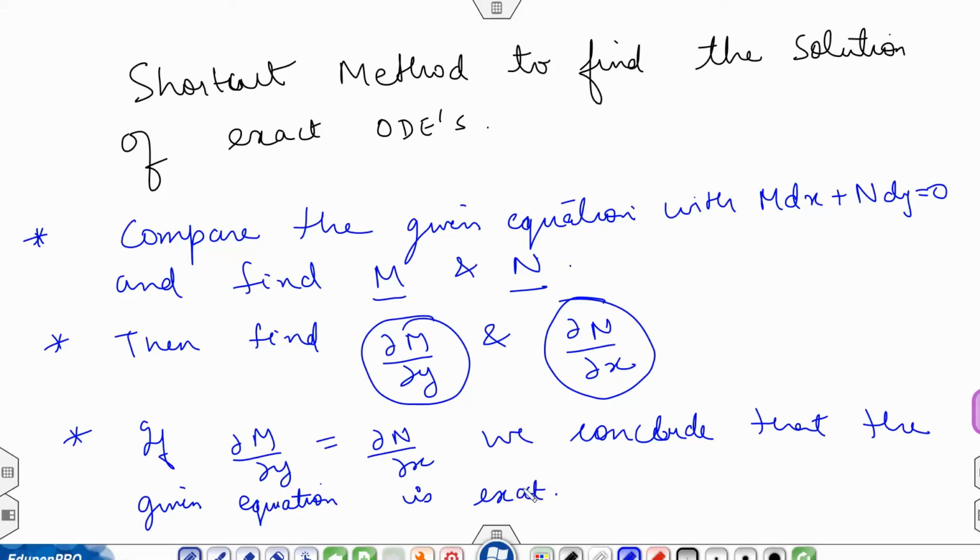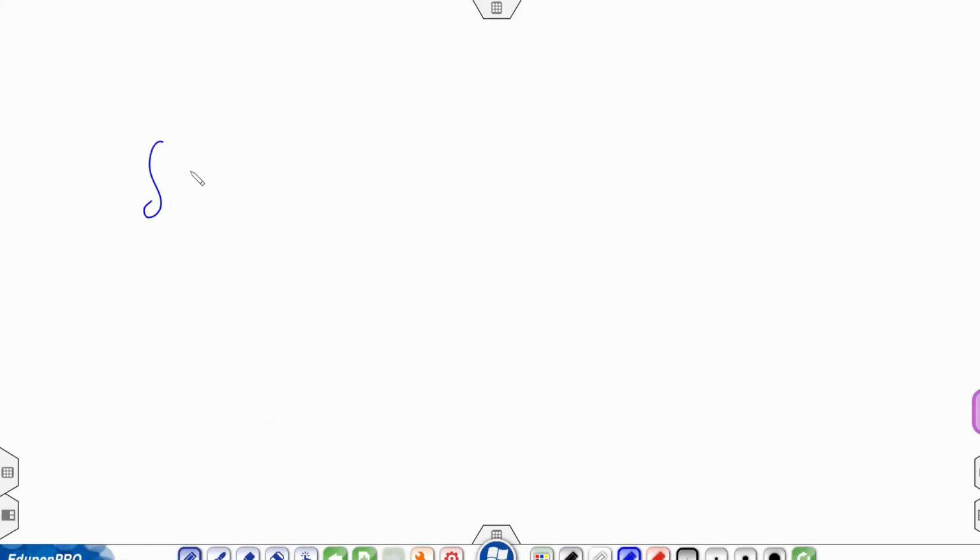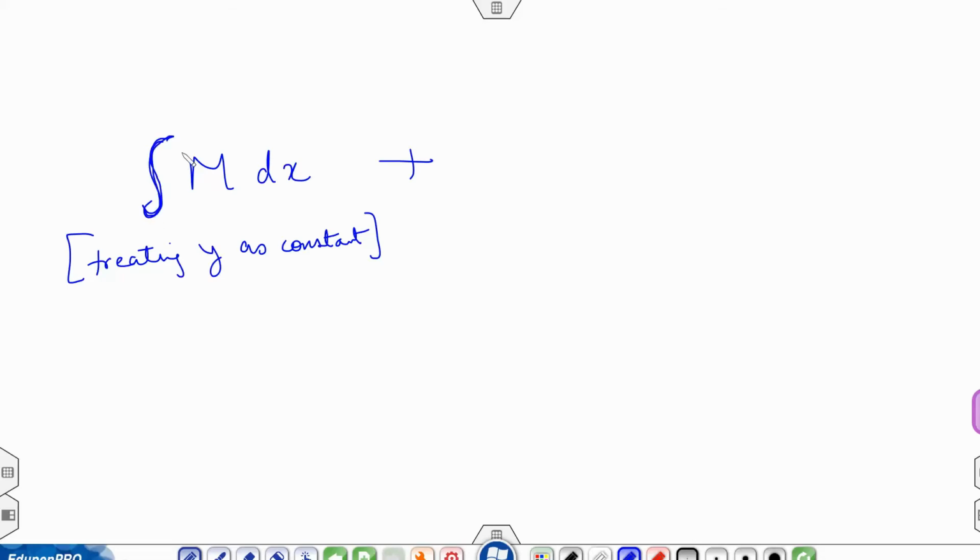So what is the shortcut? In the shortcut method, if you find that your differential equation is exact because this condition is holding true, you will just write directly the integration of m dx, treating y as constant, that means you will integrate m with respect to x treating y as constant, plus you will only integrate the terms in n that do not contain x.